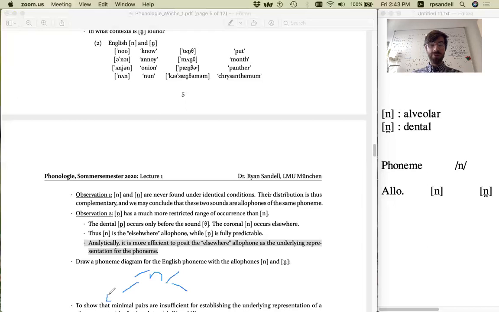One of its allophones is identical to the underlying representation. It's also an alveolar nasal, and the other allophone will be the dental nasal, which we notate with this small bar underneath. So there we have our two allophones. Great.